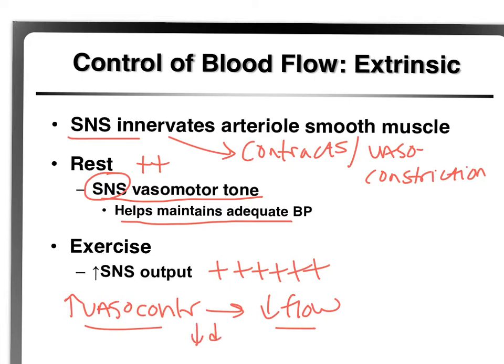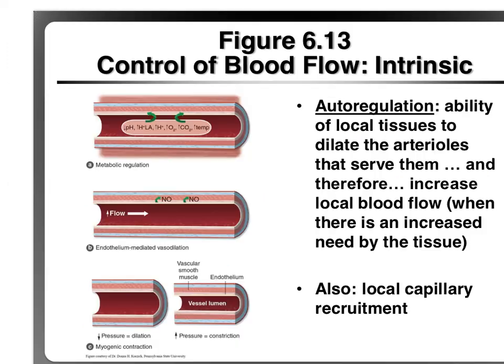This is a decrease in diameter. Except that there are some areas of the body during exercise that need more flow. So if SNS causes vasoconstriction and a reduction of flow, that's okay for your viscera, but how does the body work to get an increase in blood flow to the areas that need it? And that's where intrinsic.